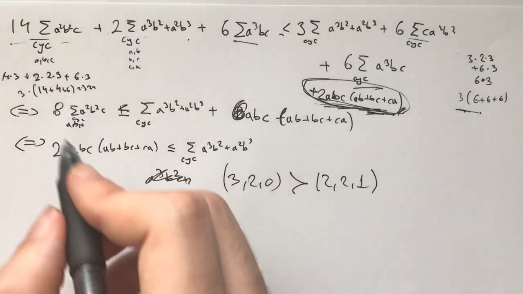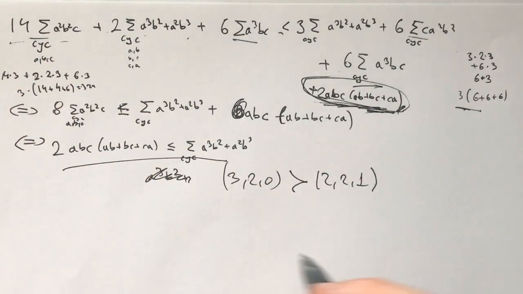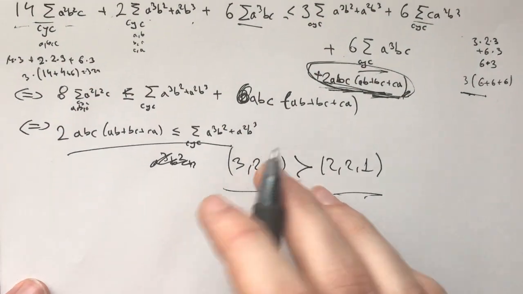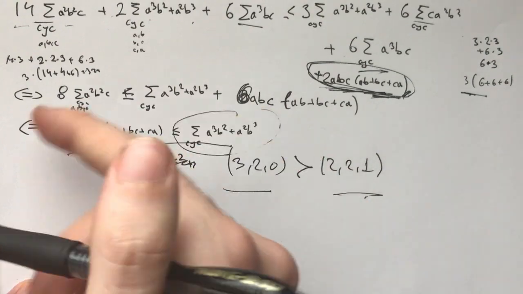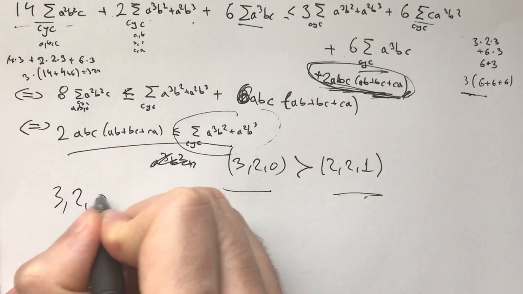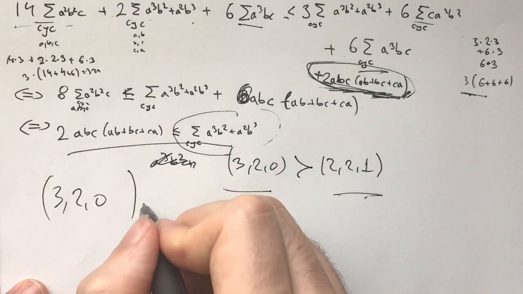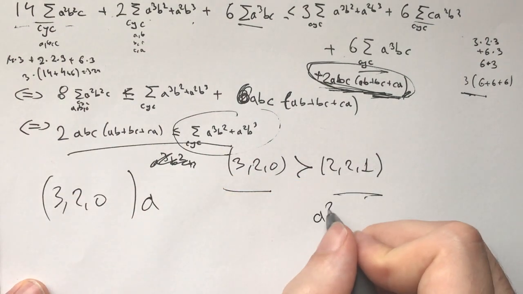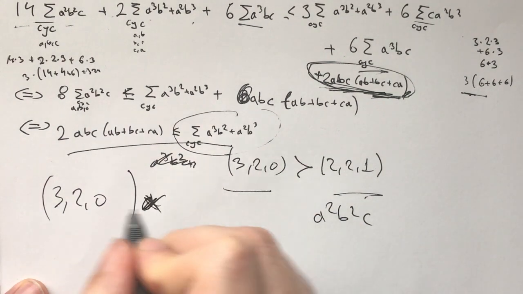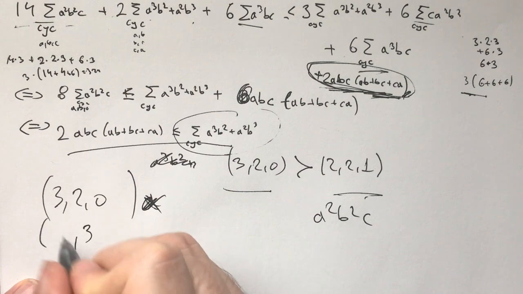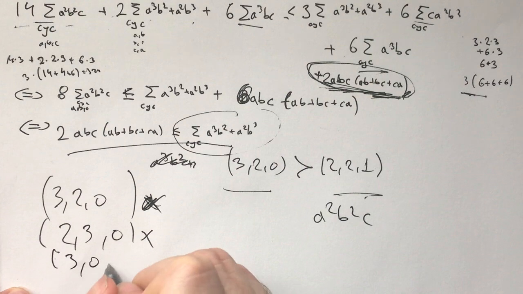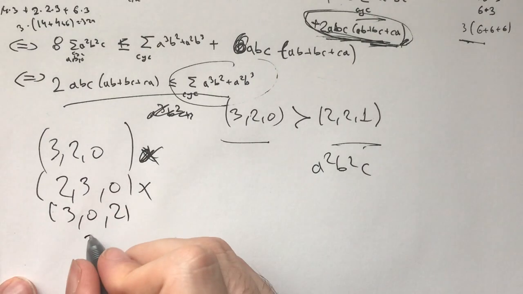And now it all ends up that we need to prove this, which is true by Muirhead, but also how would you go about proving this? This majorizes this, and the way you would prove this is you say, okay, I have 3, 2, 0, these are the exponents. If I want to get a squared b squared c, I'll take this x times, I'll take the symmetric thing to it also x times, and I'm assuming I need to take these two things as well.